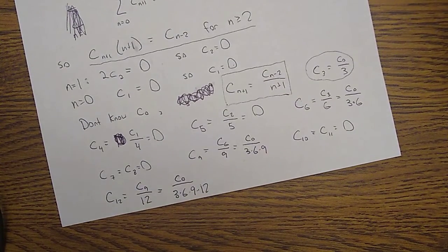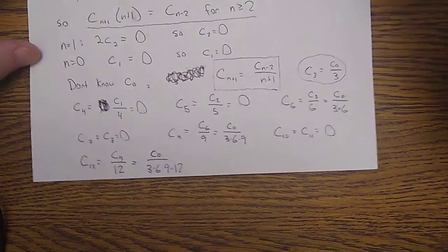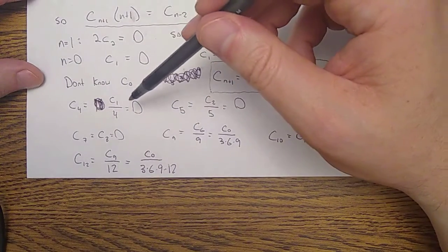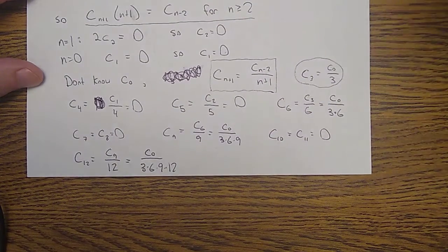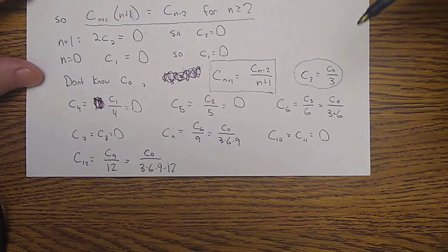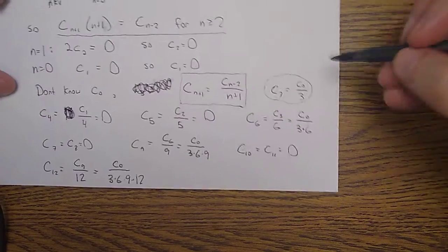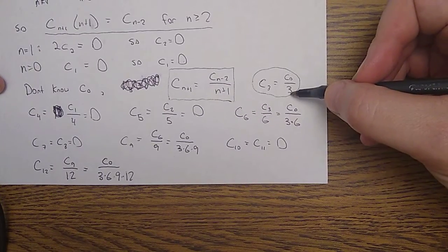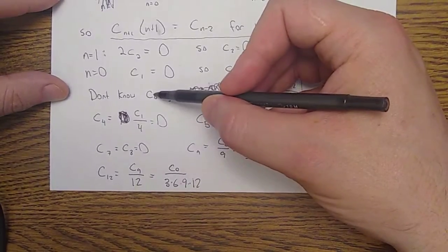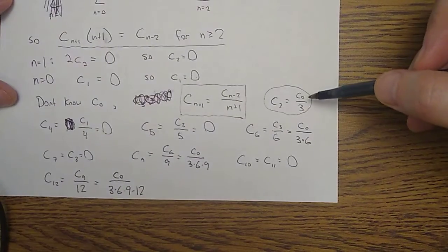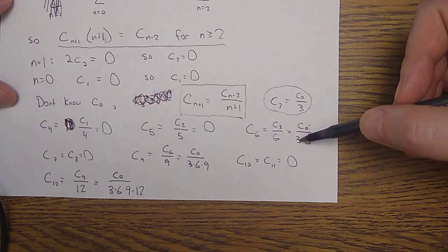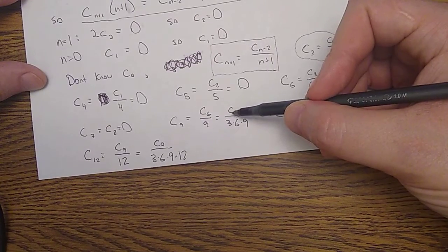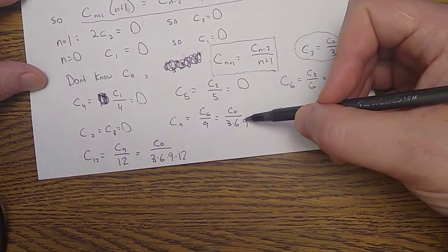So maybe now we're starting to get the pattern. Of course, there are 2 zeros and then a non-zero, and then 2 zeros and then a non-zero. The most important thing now is to figure out the pattern of the non-zeros. We had plain C0. The next one was C0 over 3. The one after that was C0 over 3 times 6. The one after that was C0 over 3 times 6 times 9.